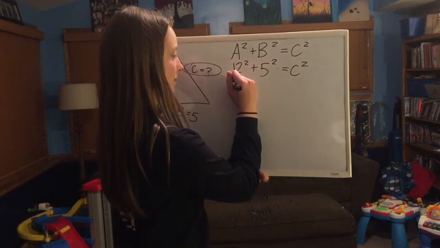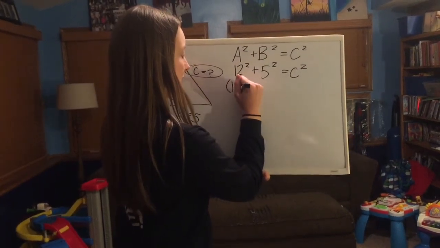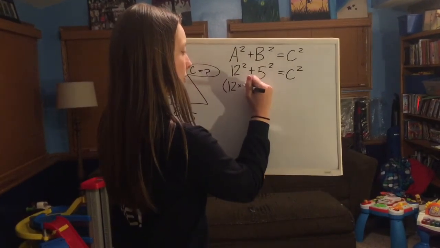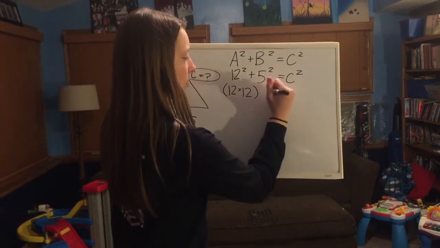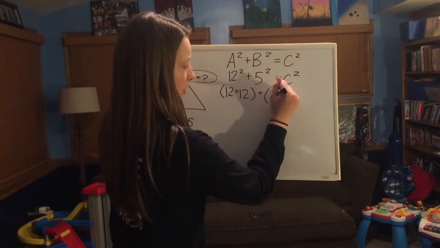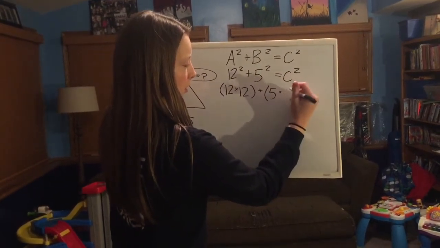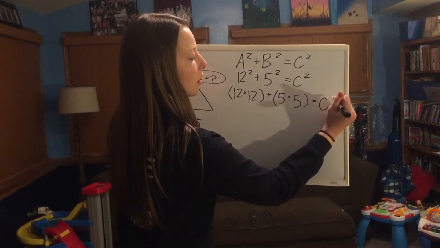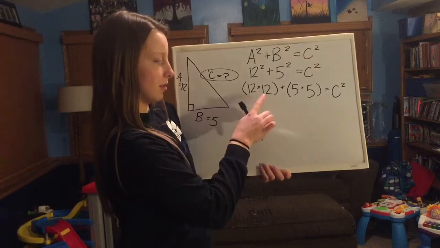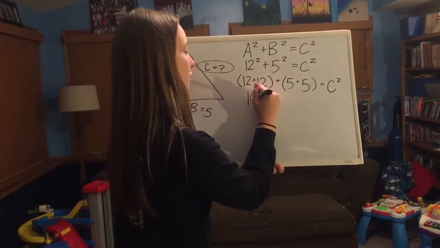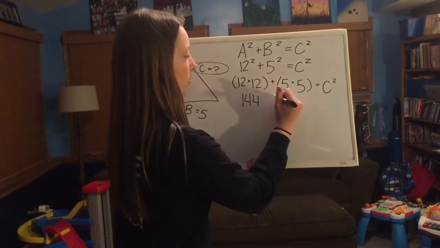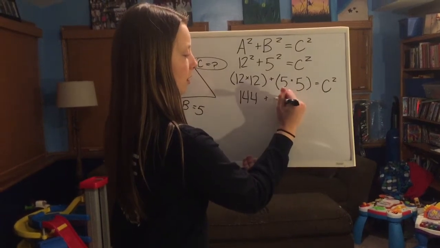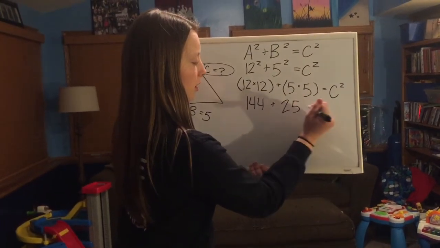Okay, so we're going to find 12 squared, which is the same thing as writing 12 times 12. And 5 squared is the same thing as writing 5 times 5. All still equal to c squared. Kind of writing diagonal there. Okay, 12 times 12 is 144 plus 5 times 5, 25.